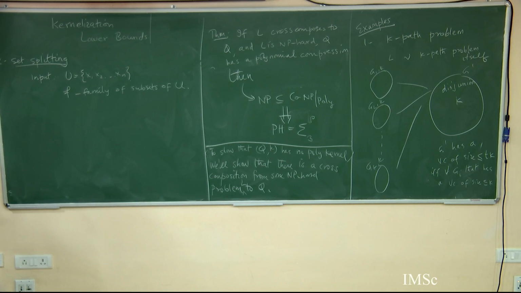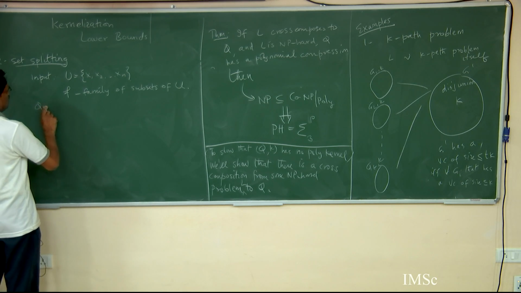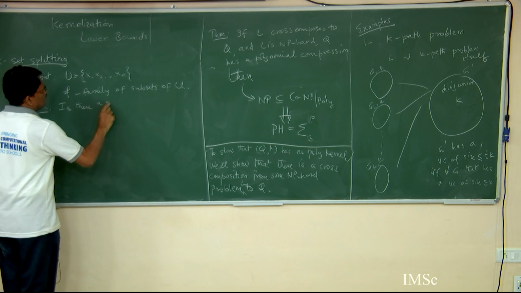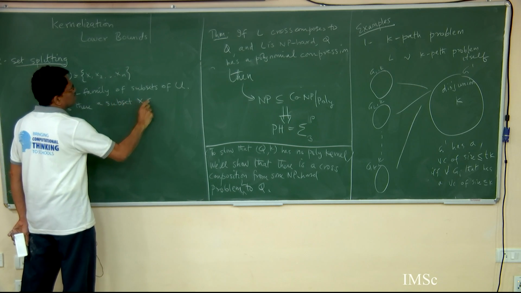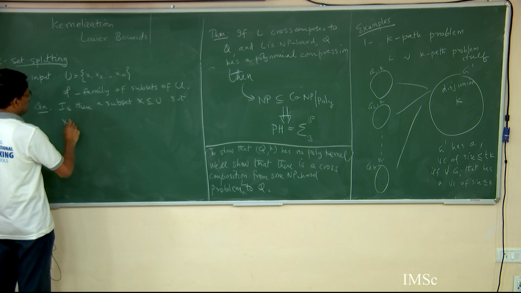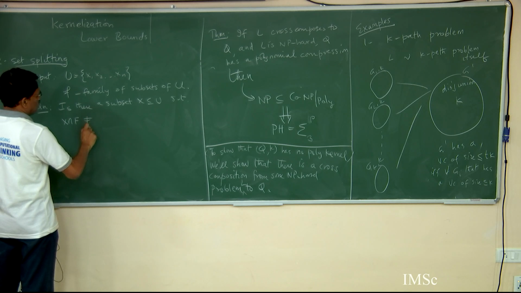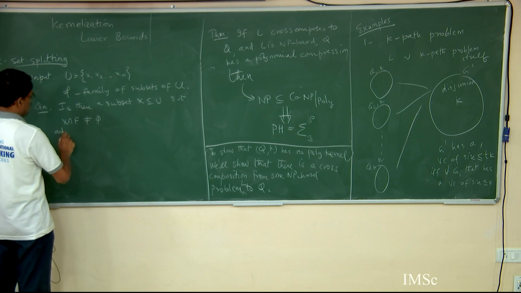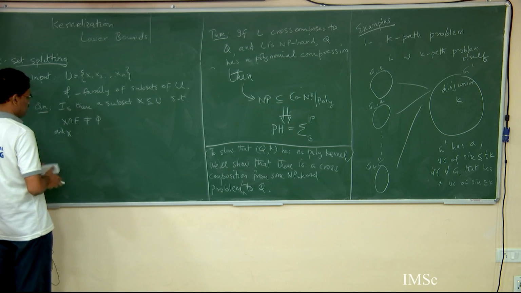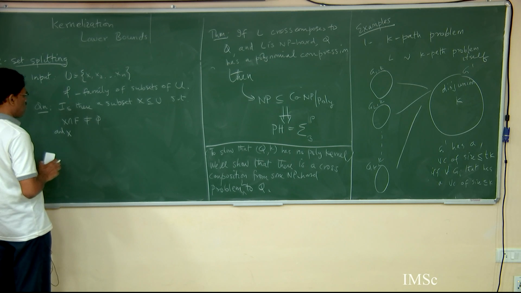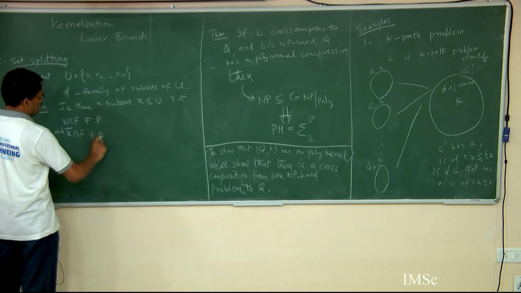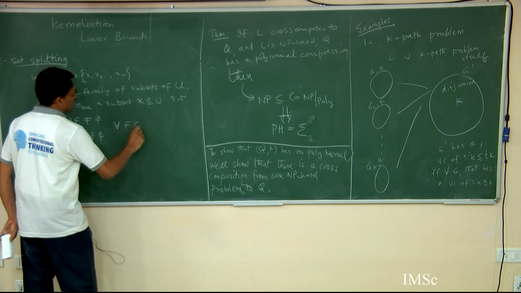Okay, so set splitting. What is the question? Is there a subset X of U such that X intersection F is non-empty and X bar intersection F is also non-empty for all F in the family?